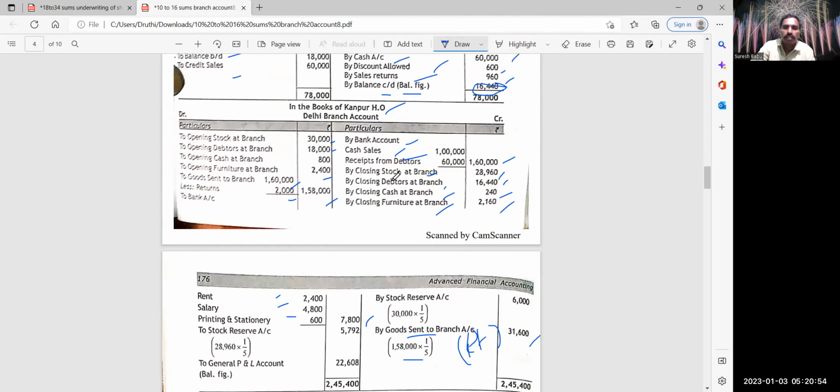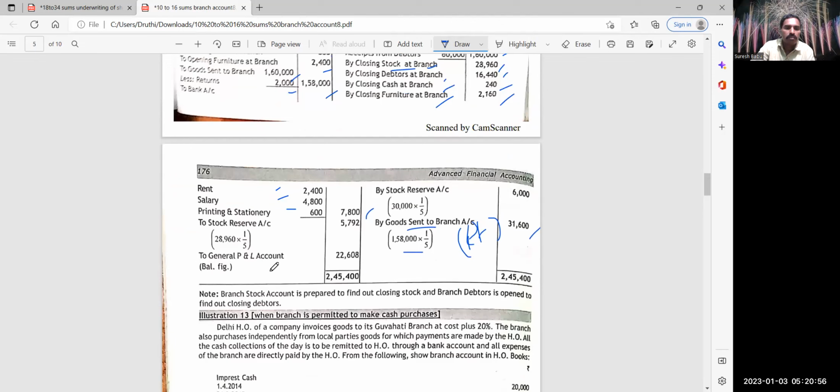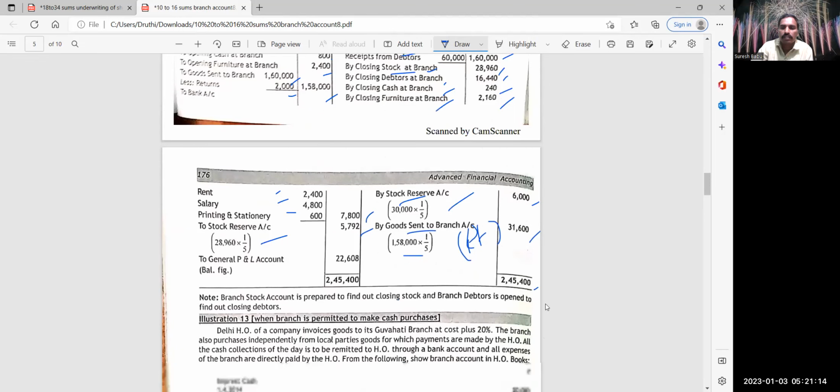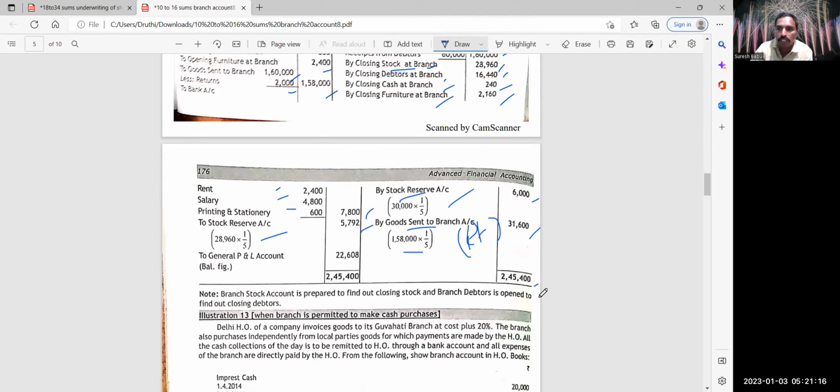In the closing stock there is profit, and it is being debited here to stock reserve. 28,960 into 1/5 or 20%, that is 5,792. Opening stock 30,000 into 1/5, that is stock reserve 6,000, right? Now you get the total 2,45,400. Please check all the totals once again, and 22,608 is the profit at the branch.